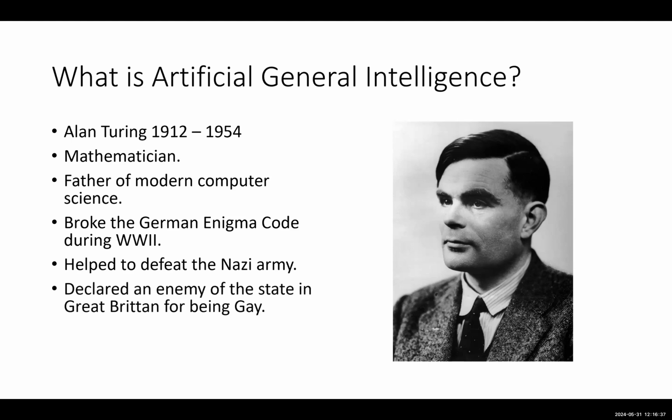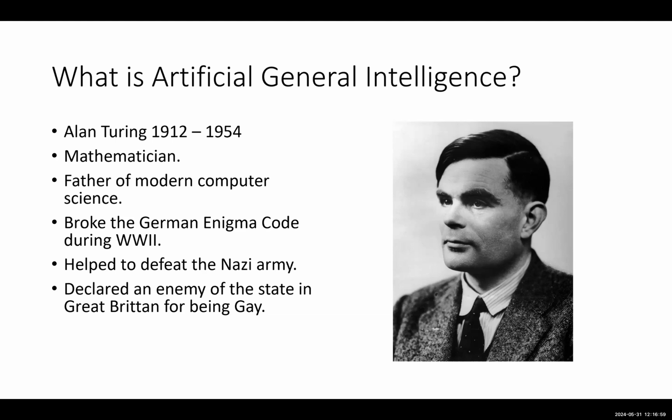It's quite unfortunate, however, because Turing was declared an enemy of the state by Great Britain for being gay. It's really unfortunate, but he ended up committing suicide in 1954 as a result of this. But nonetheless, he's a very important person, very influential.